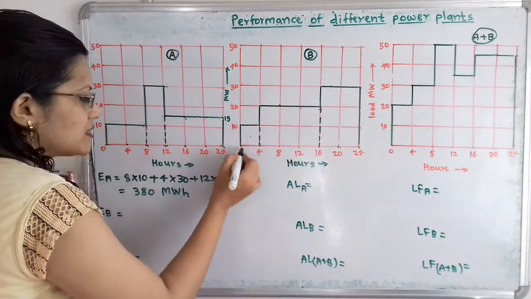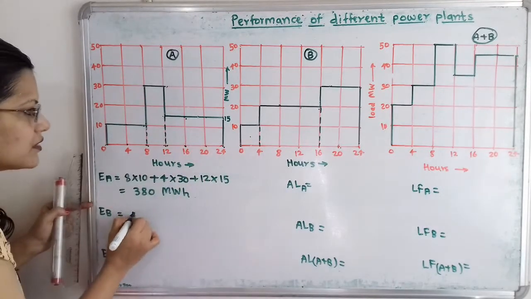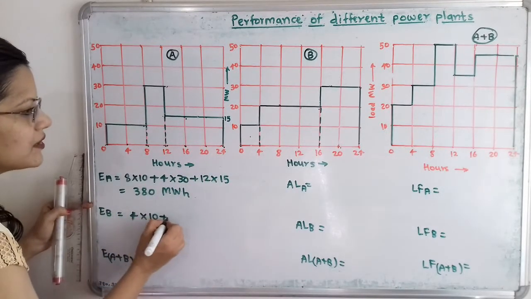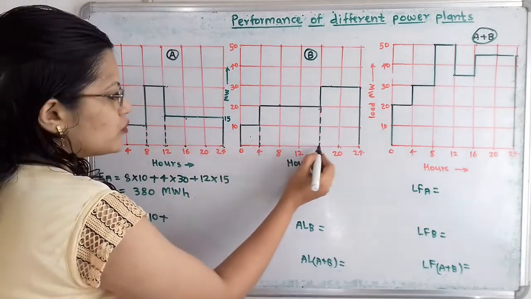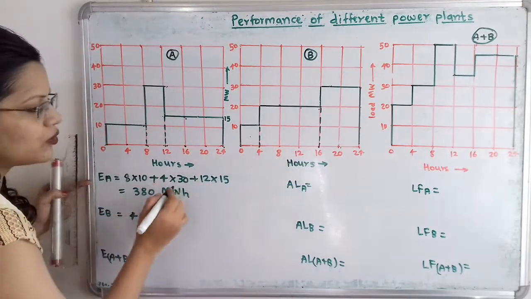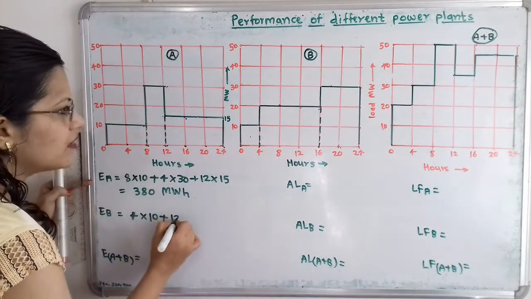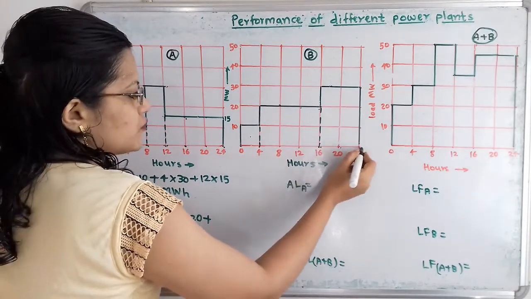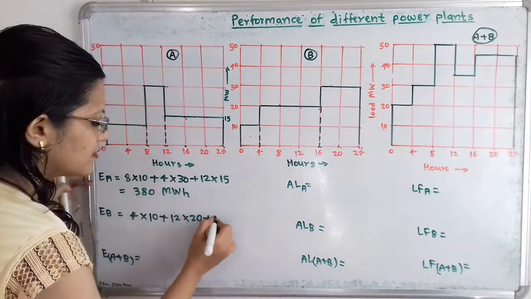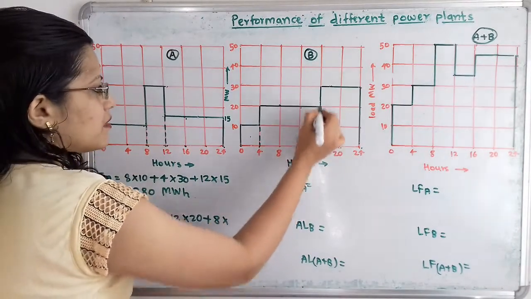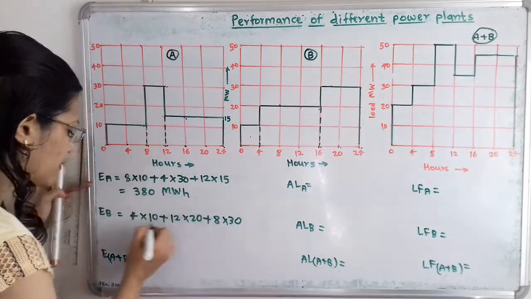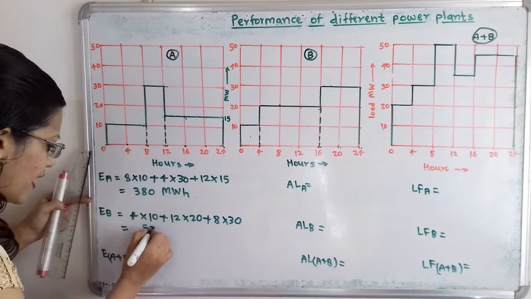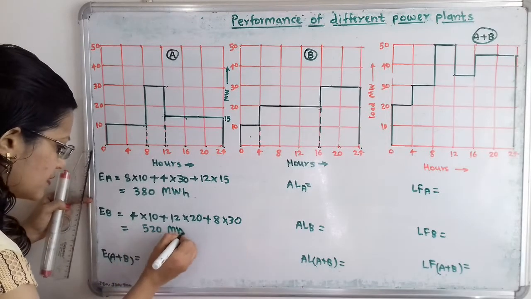For the first section, 4 hours multiplied by 10, plus now here 4 to 16, that is 12 hours multiplied by 20, plus 16 to 24, that is 8 multiplied by 30. So when we calculate this we will get 520 megawatt hour.